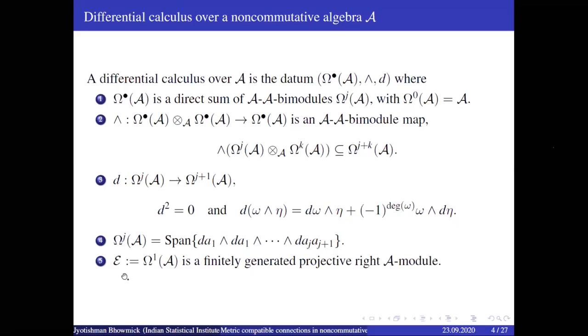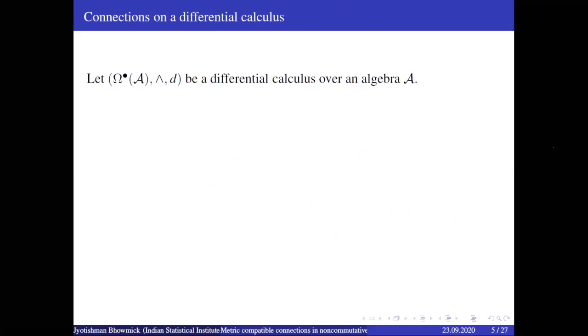Okay, so this is my setup, and in what follows, it will often be helpful to define everything in this extended setup because then the classical definition is included within it. So I'm going to define what connections are.